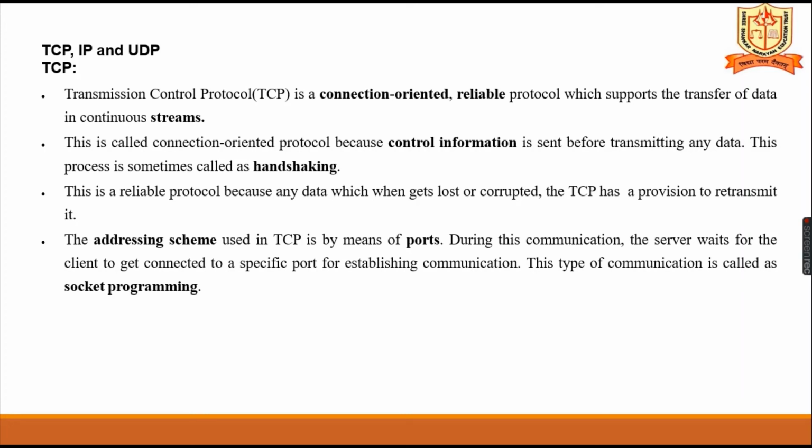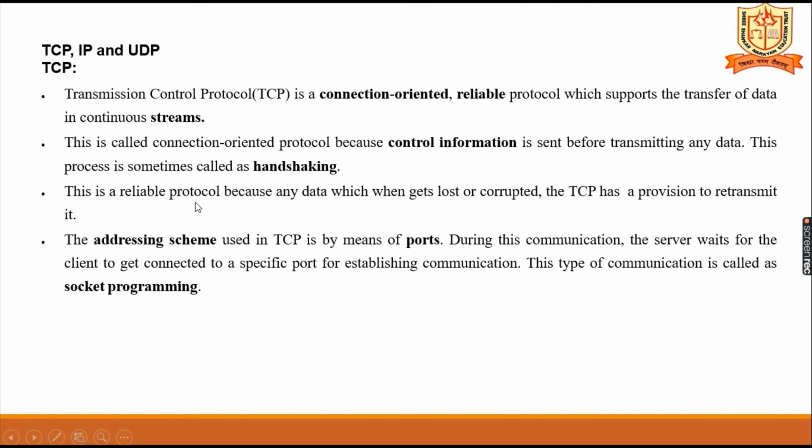First the connection is established, then the communication will start. This is called a connection-oriented protocol because control information is sent before transmitting any data. This process is sometimes called handshaking. Is it clear? First the connection is established, and then the data will be sent to the receiver.